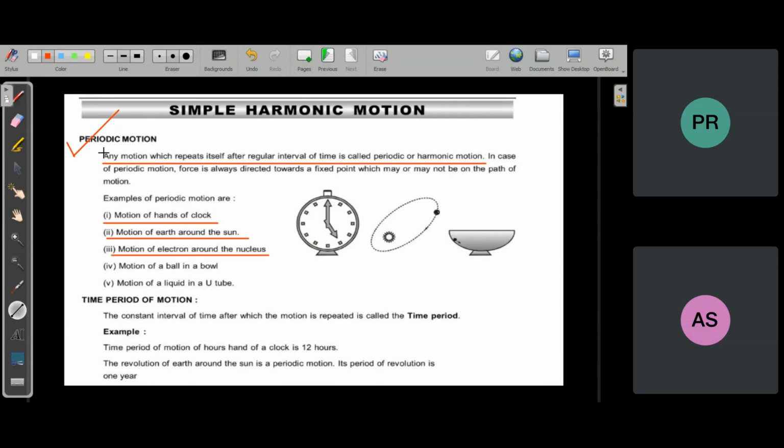So time period is simply the time interval after which the motion repeats again. And this time period should be constant.